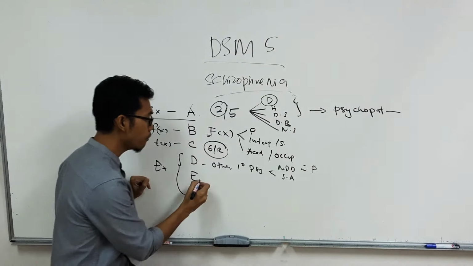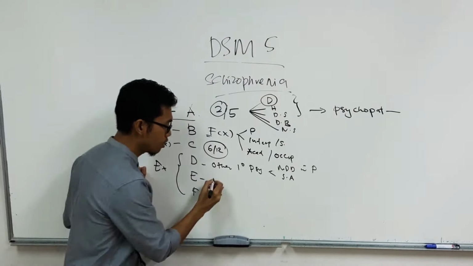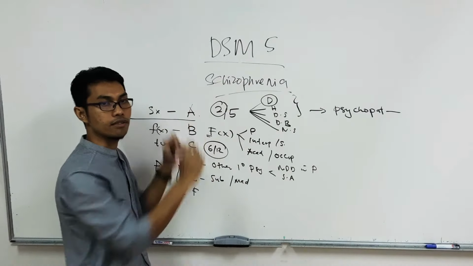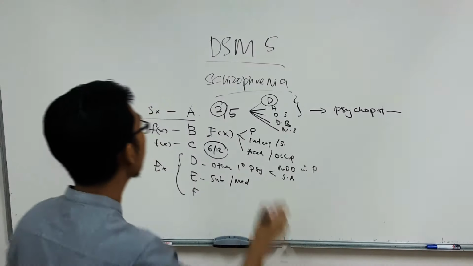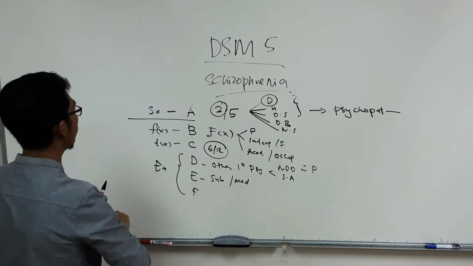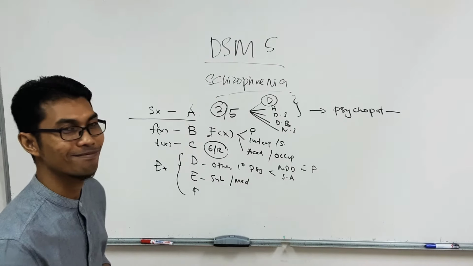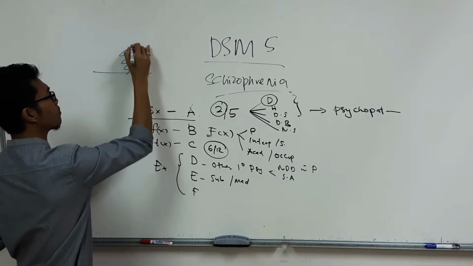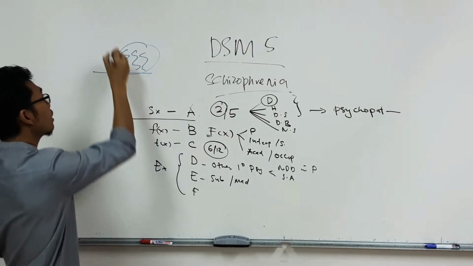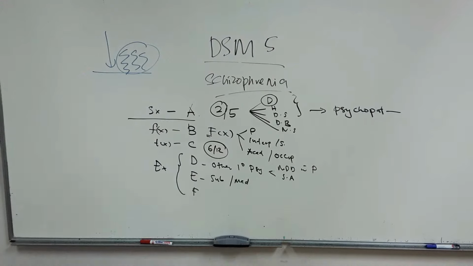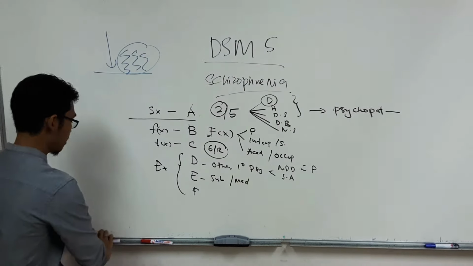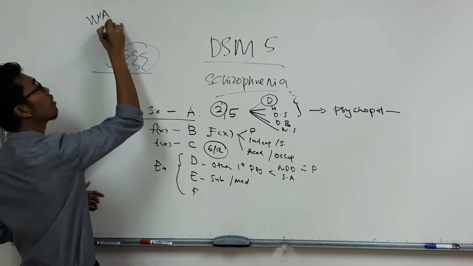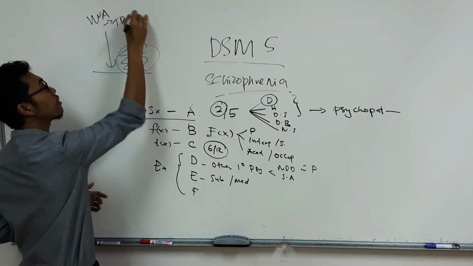Number E, you have to exclude substance or medical causes of that diagnosis. So for example, if a patient experiences psychotic symptoms, and before that the patient had a motor vehicle accident that caused traumatic brain injury.